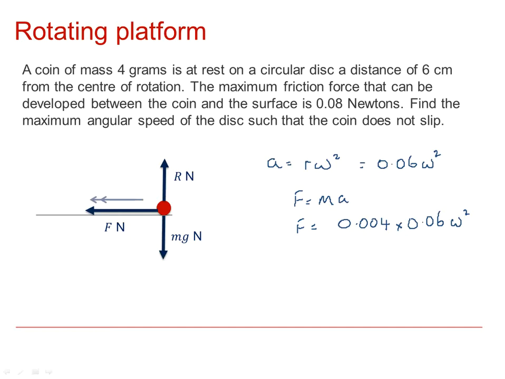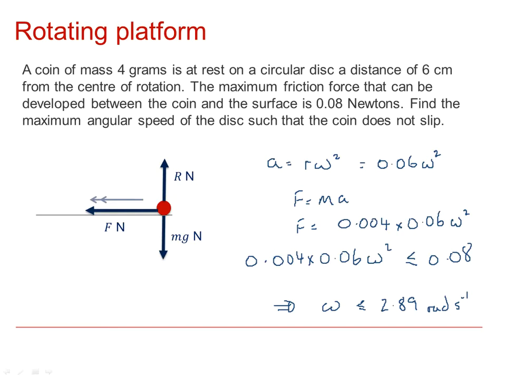So we can write that into our equation then. 0.004 multiplied by 0.06 omega squared is F, and that must be less than or equal to 0.08. And then that gives us a value of omega being less than or equal to 2.89 radians per second to 3 significant figures, or roughly 28 revolutions per minute.